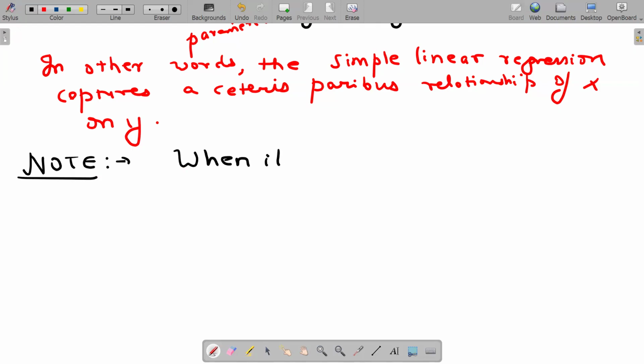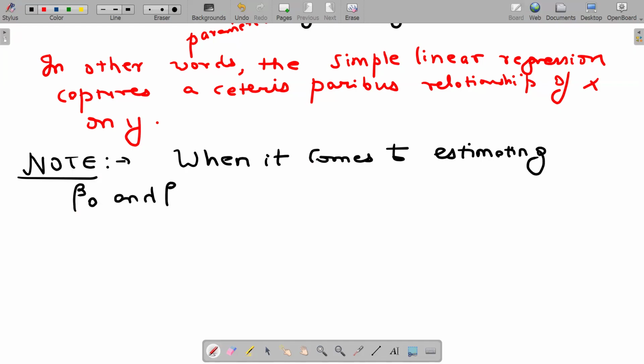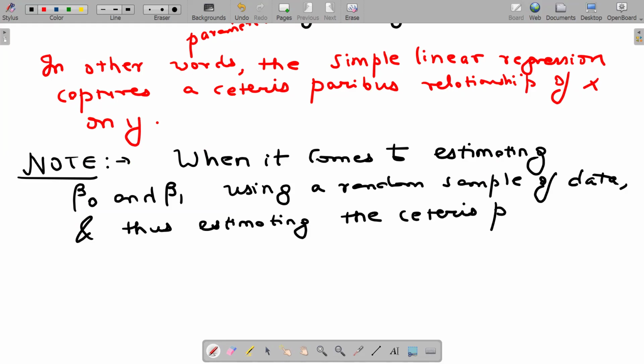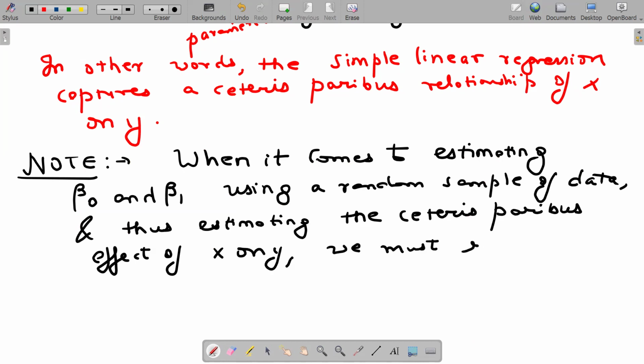When it comes to estimating beta naught and beta 1, which are my population intercept term and slope coefficient respectively, using a random sample of data, and thus estimating the ceteris paribus effect of x on y, we must restrict how u and x are related to each other.